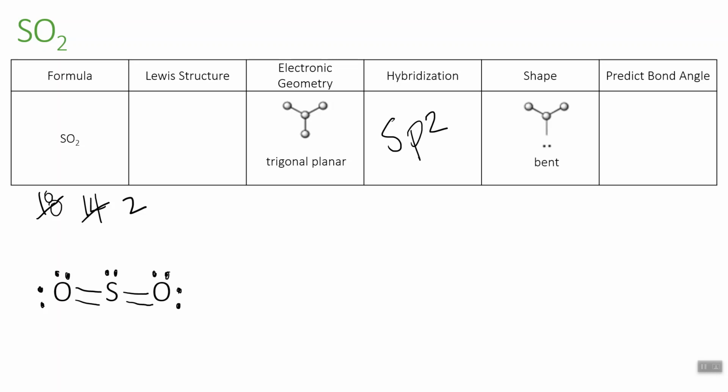Well, the shape is different from the electronic geometry because in the shape, we only look at the atoms. Here we have a lone pair instead of an atom, so we end up with a bent shape. The bond angle based on that shape is going to be about 120 because that allows these electron groups to get as far away from each other as possible.